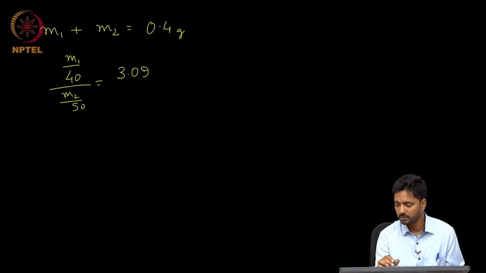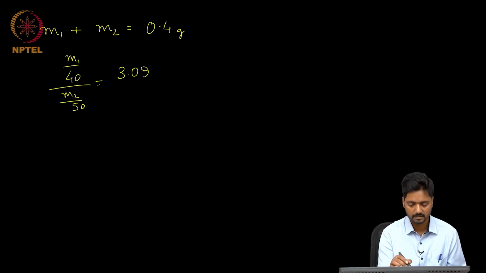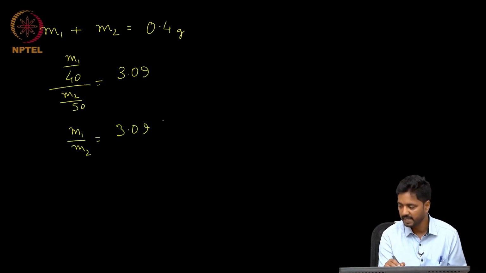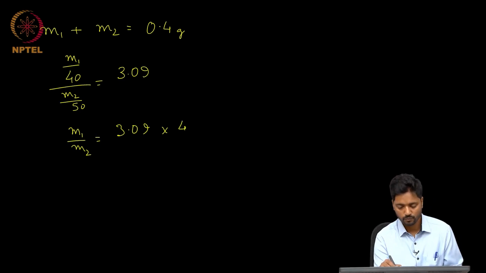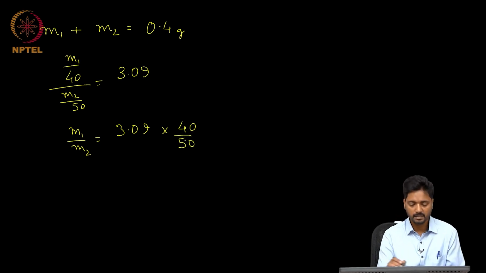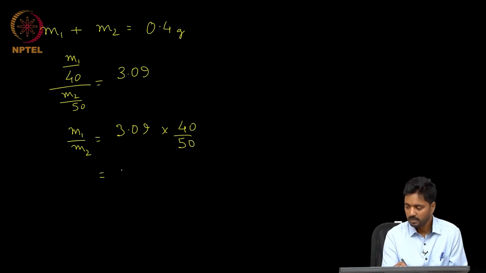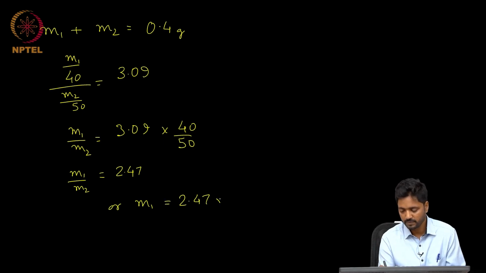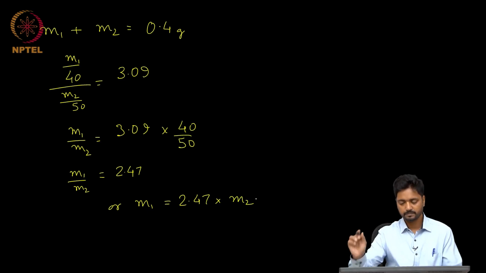When we solve this out, we get M1 by M2 is equal to 3.09 into 40 by 50, and this turns out to be 2.47, or M1 is 2.47 times M2.